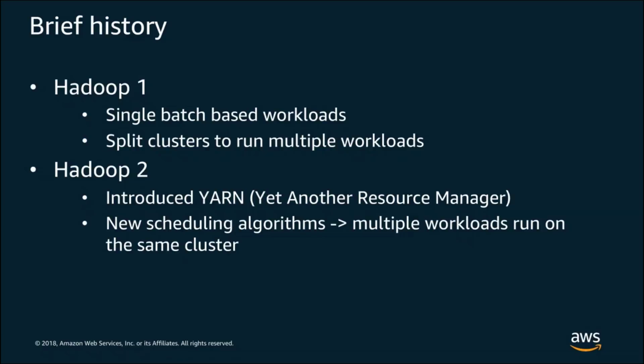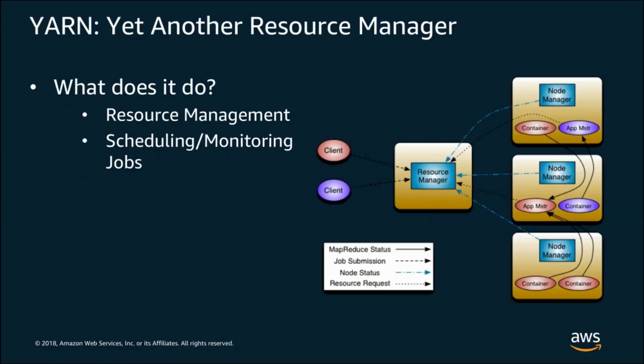And if you needed to run multiple workloads at the same time, you were forced to split your clusters. With the introduction of Hadoop 2 and Yarn, new scheduling algorithms allow multiple workloads to run on the same cluster, accessing a common data pool along with your hardware and software resources.